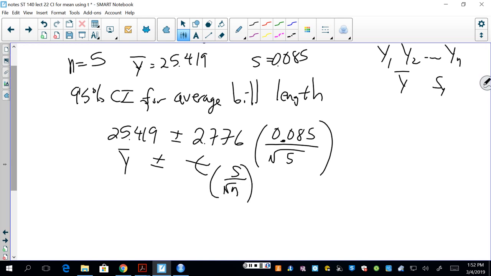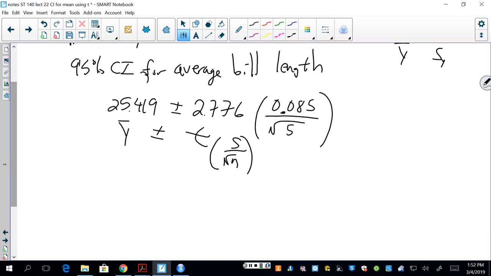Yep. Right. And so that t, how did you get the t-value? Right, that 2.776. Just 5. So which row do you look up? 4, right? The degrees of freedom in this case is n minus 1, so 4.